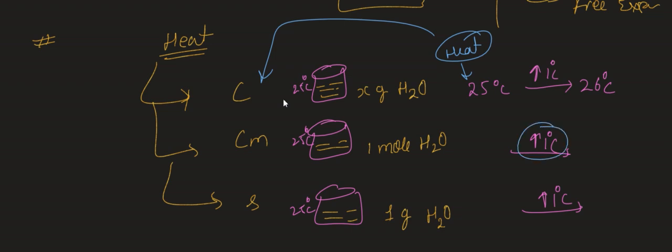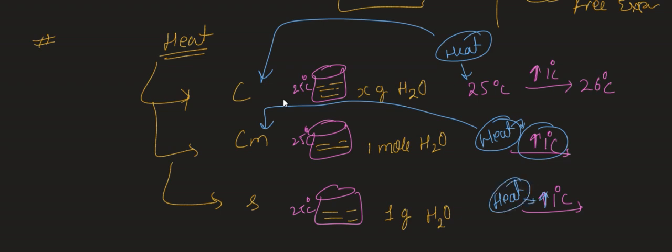Here also, to increase 1 degree Celsius, you have to supply some heat, and this heat we should call molar heat capacity. Here also, to increase 1 degree Celsius, you have to supply some heat, and this heat supplied amount is nothing but specific heat capacity. So what is the main difference between everyone? Can I say the amount is different?